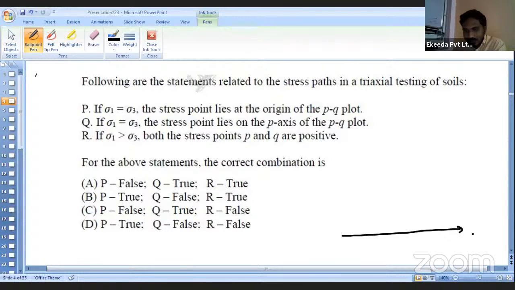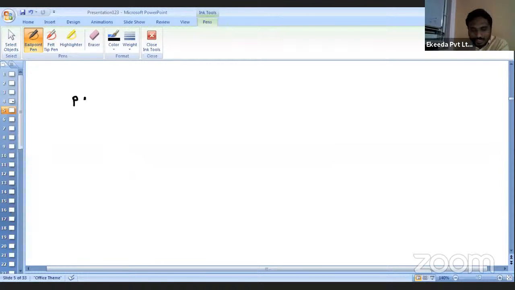Along the x-axis normally we will represent P, and along the y-axis we will represent Q. Let us draw some variation for a particular type of soil. Here P in general we represent with sigma 1 plus sigma 3 by 2, and Q we represent with sigma 1 minus sigma 3 by 2.